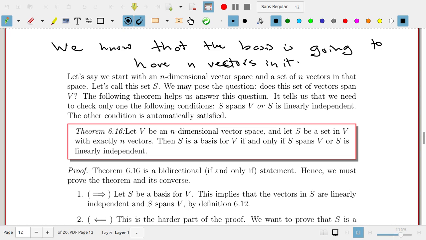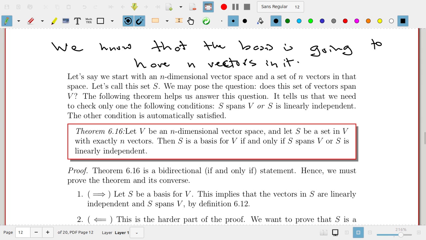So if S spans V or S is linearly independent, then S is a basis for V. Conversely, if S is a basis for V, then S spans V and S is linearly independent.